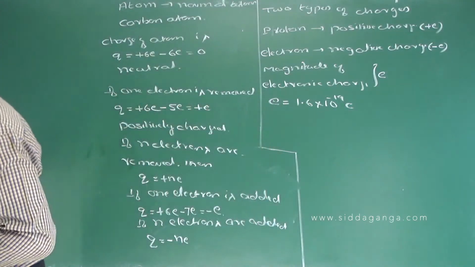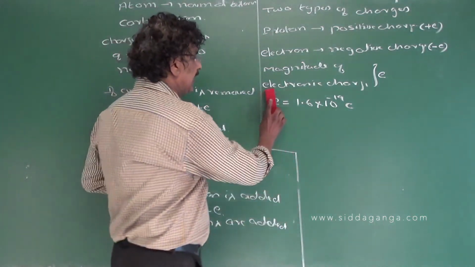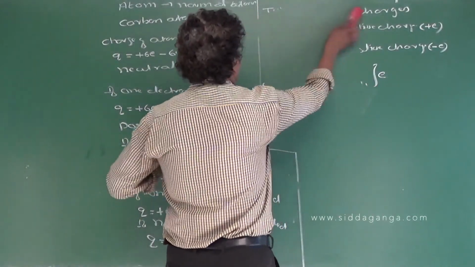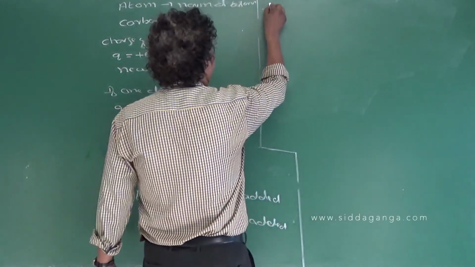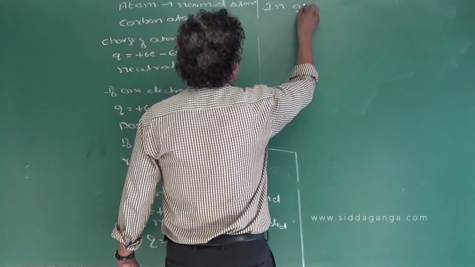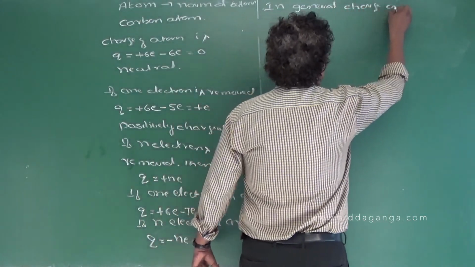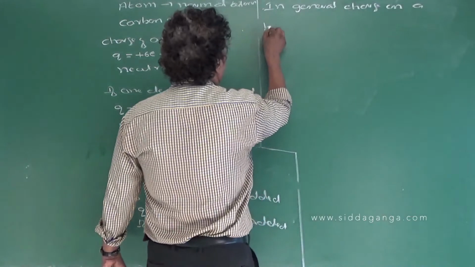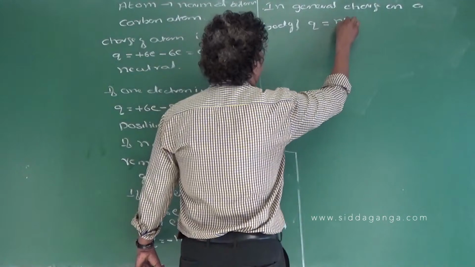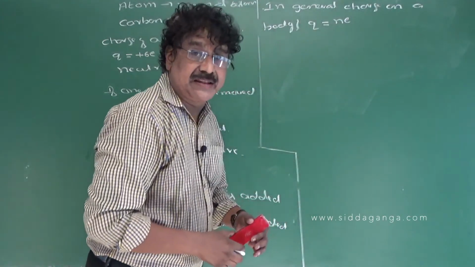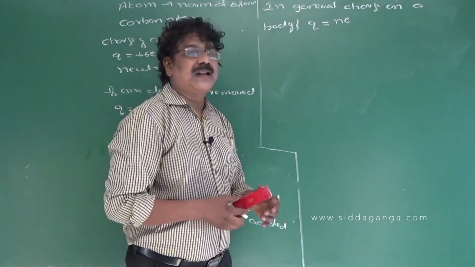So in general, the charge on a body Q is equal to plus or minus Ne, plus for positive charge and minus for negative charge.